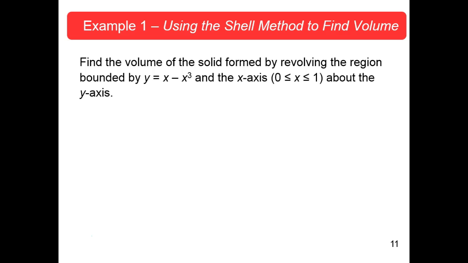So the first thing we've got to do is draw a figure. I'll keep it generic to begin with. y equals x minus x cubed. Give me some values for that, especially between 0 and 1.